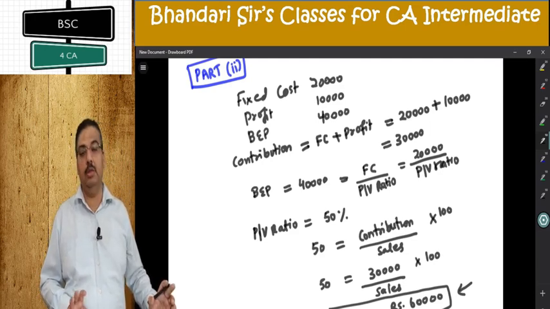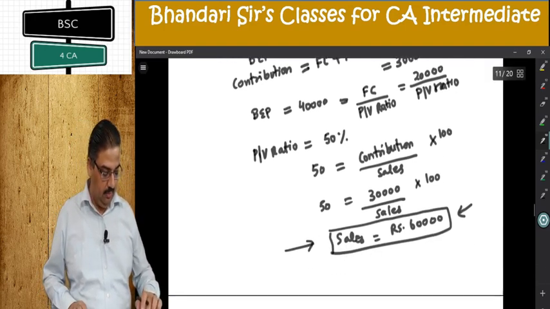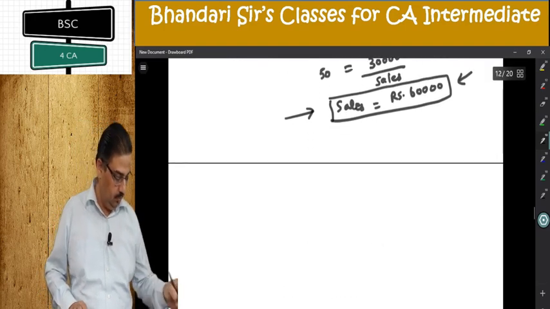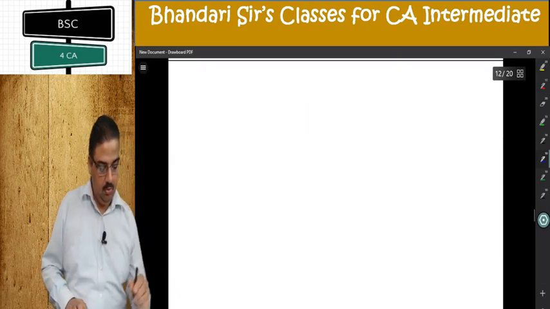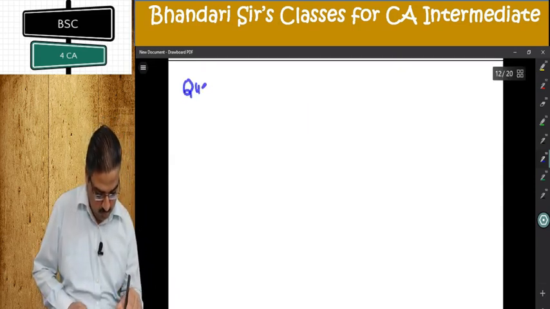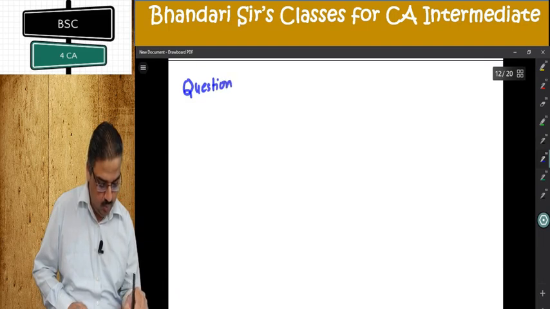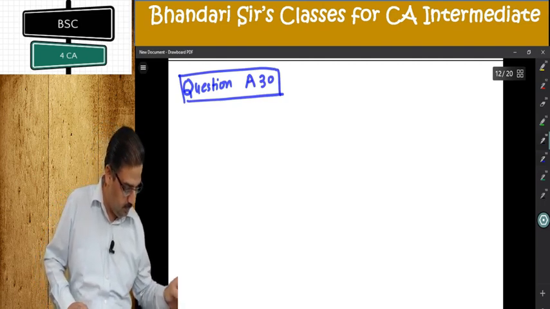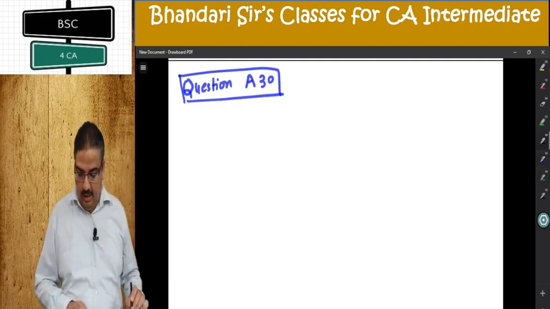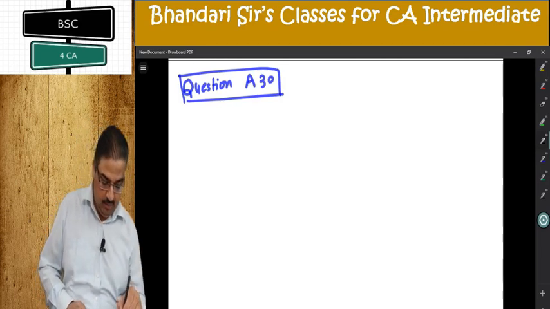I hope this much is clear. Next one, A30. Question A30. It says A Limited has margin of safety 37.5%.